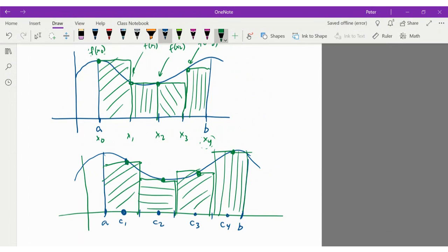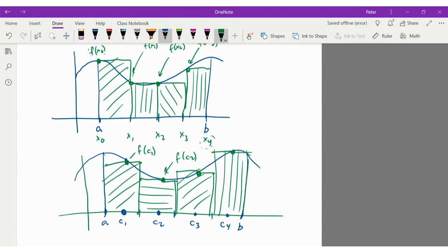Okay, so in each case, I'm just picking some point in the interval to serve as the basis for the height of the rectangle. A little awkwardness in the language, because I'm not actually using c1 as the height of the rectangle. I'm using f of c1 as the height of the rectangle, and f of c2, etc. Of course, there's nothing magical about having to use the left, right, or middle of the rectangle.